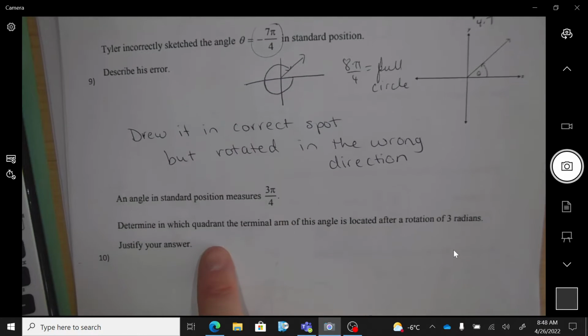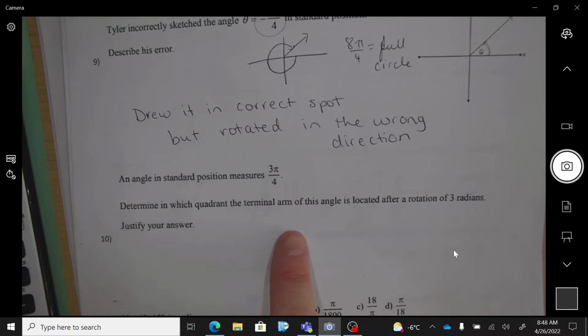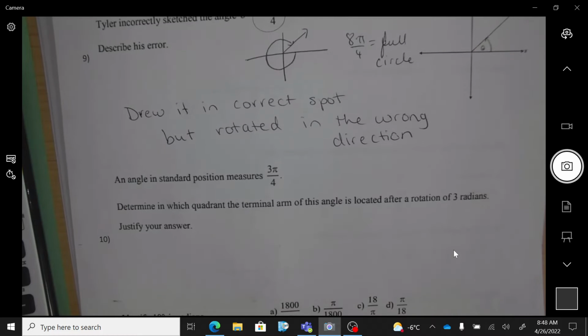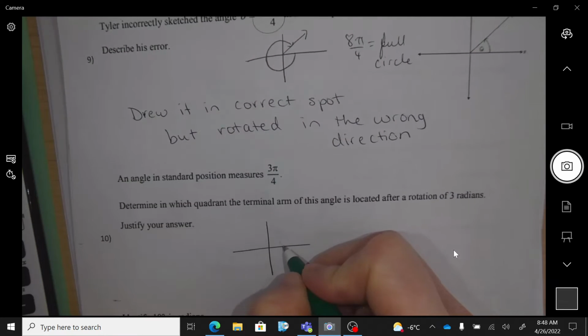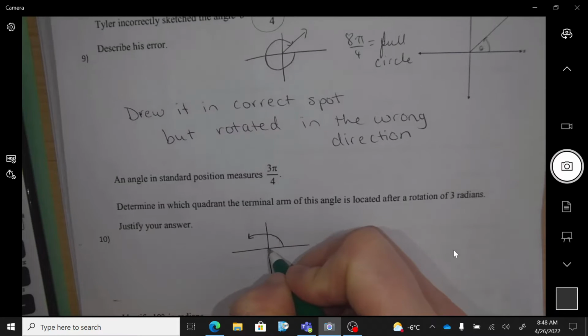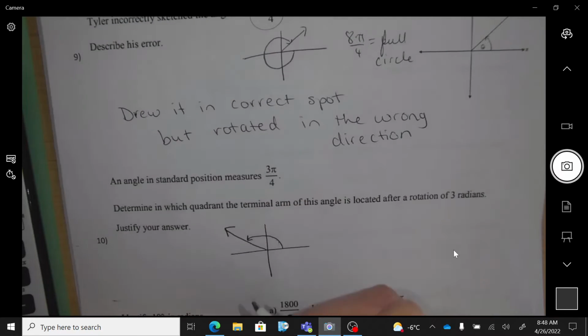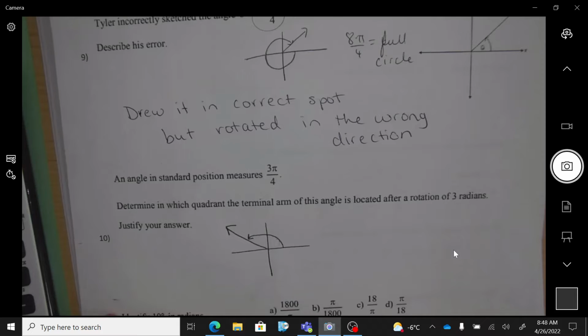Okay, so here's an angle. Determine in which quadrant it is located after a rotation of 3 radians. So 3 pi over 4 would be right here. Okay, I went 3/4 of a pi.